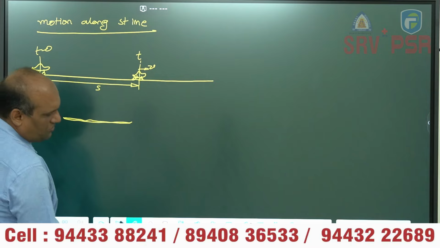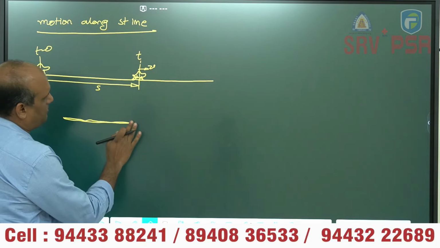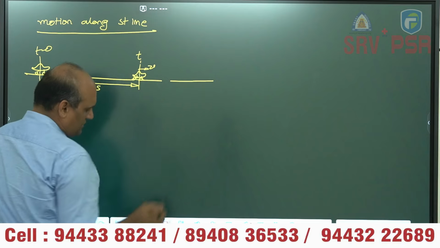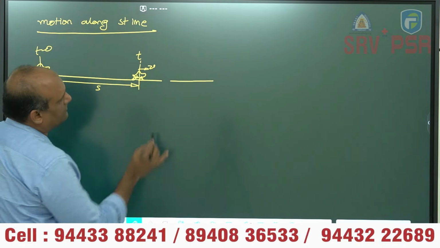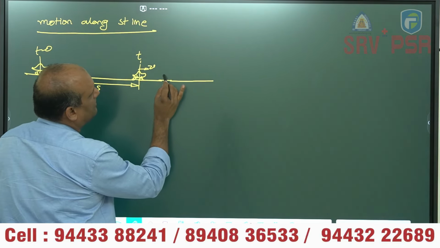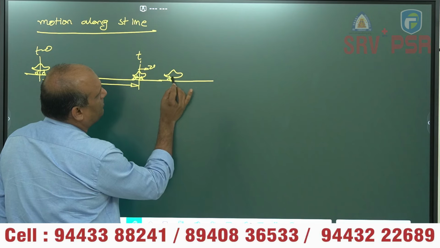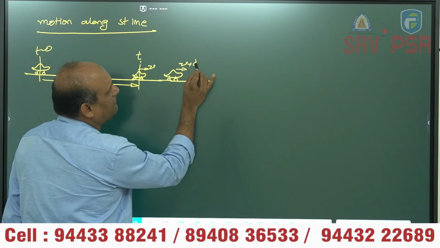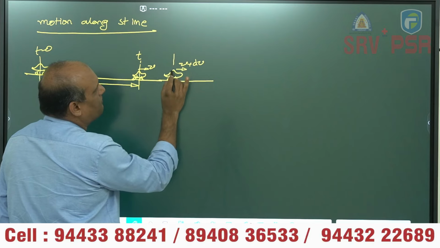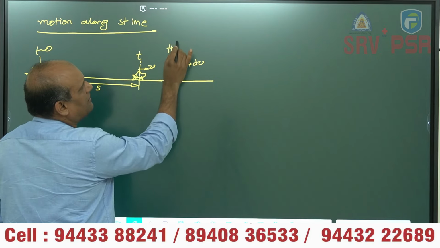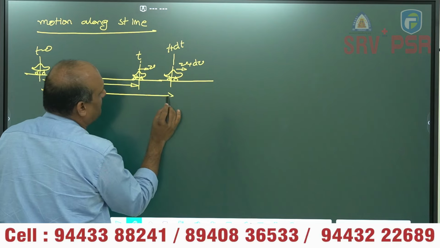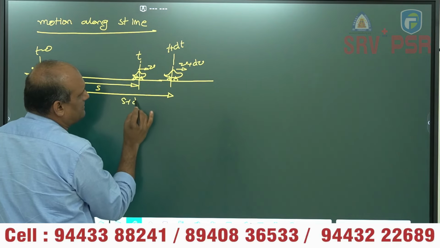And now the speed of the car is v plus dv. The speed of the car is now a little increment in the speed, v plus dv, in the time of t plus dt, and it has covered the distance of s plus ds.